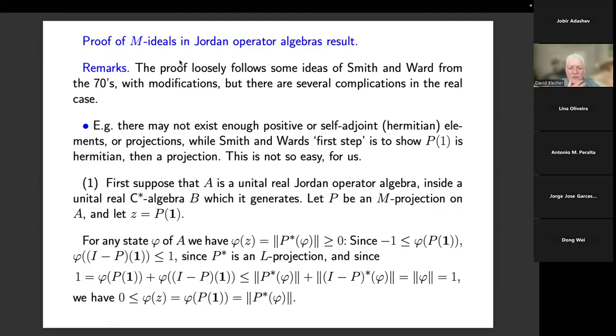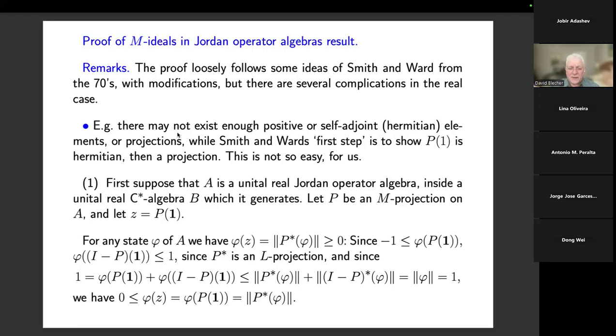So what are the complications that arise in the real case? Well, there are several complications. If you look at the two papers that I'm talking about today, with Matt, Neal, Antonio, and Shan, the complications are pointed out in the introduction of these papers.